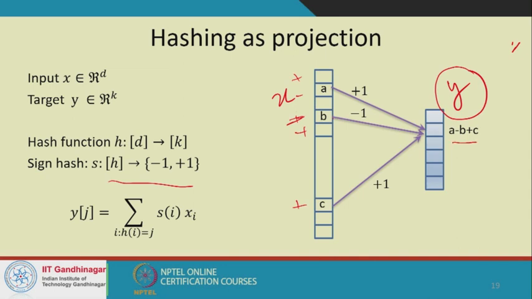In this case, for instance, a, b, and c are mapping into the second bucket of y. Therefore, the value that you put in the second bucket of y will be a minus b plus c, because s assigns plus 1 here, minus 1 here, and plus 1 here. If you want to write it down formally, this is the definition of y: y_j is the summation over all i such that h(i) equals j of s_i times x_i.